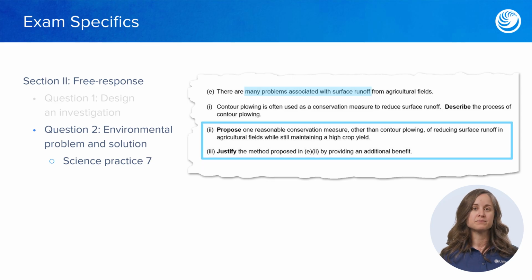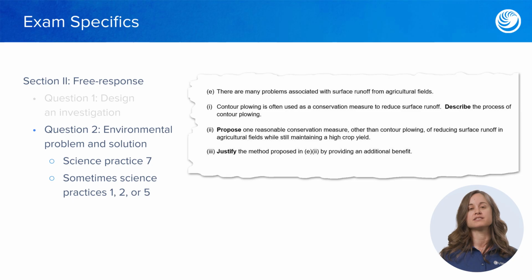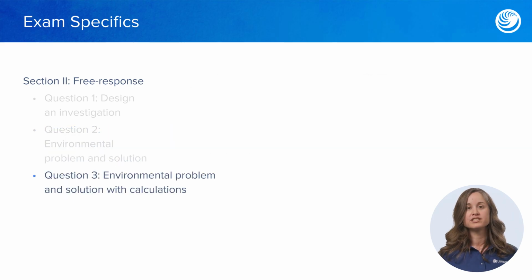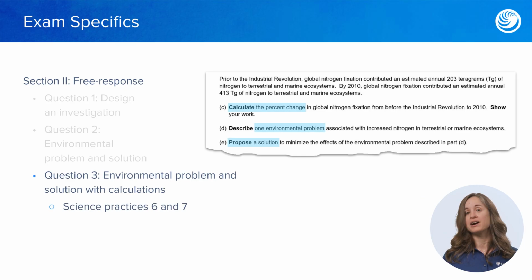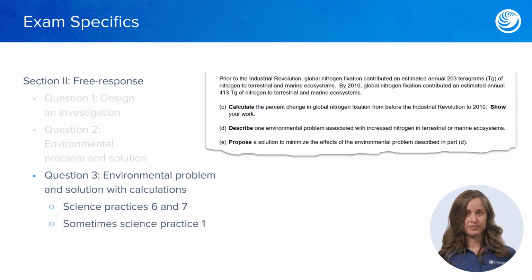This means that science practice 7 is always tested, as well as potentially science practices 1, 2, or 5. The third free response question is also analyzing an environmental problem and proposing a solution, but with calculations. So this question will always include science practices 6 and 7, as well as potentially science practice 1.